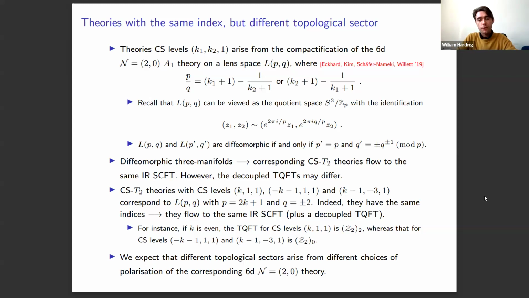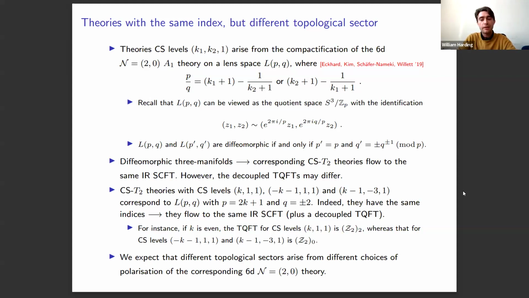Let us take one copy of T2 with the following values of the Chern-Simons levels: (K, 1, 1), (K, -K-1, 1, 1), and (K-1, -3, 1). All of these correspond to the lens space L(P,Q) with P equal to 2K plus 1 and Q equal to plus or minus 2.